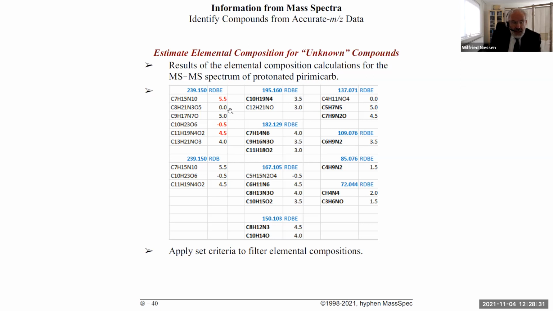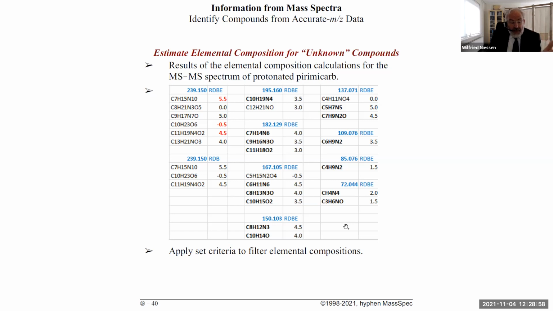I produce an M+H, so I can remove them from the list. So I reduce my list. And in the same way, I calculate possible elemental compositions for all the product ions shown in the MSMS spectrum. Some of them are odd electron ions, some of them are even electron ions. That's what I see.